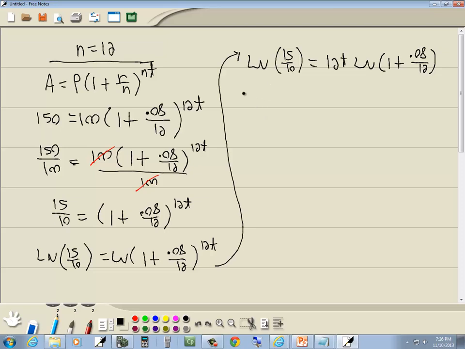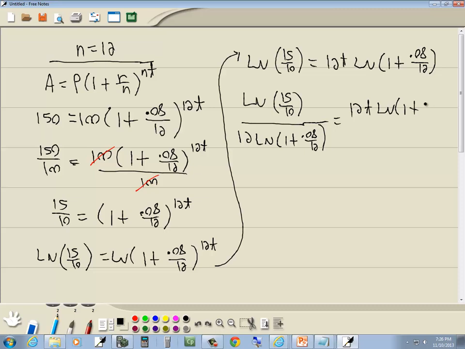Try to get t by itself. So we're going to divide both sides by 12 natural log of 1 plus 0.08 divided by 12, what's in front of our variable and what's after our variable. So I've got 12t natural log of 1 plus 0.08 over 12, and then divide by that same thing as we did on the left side.